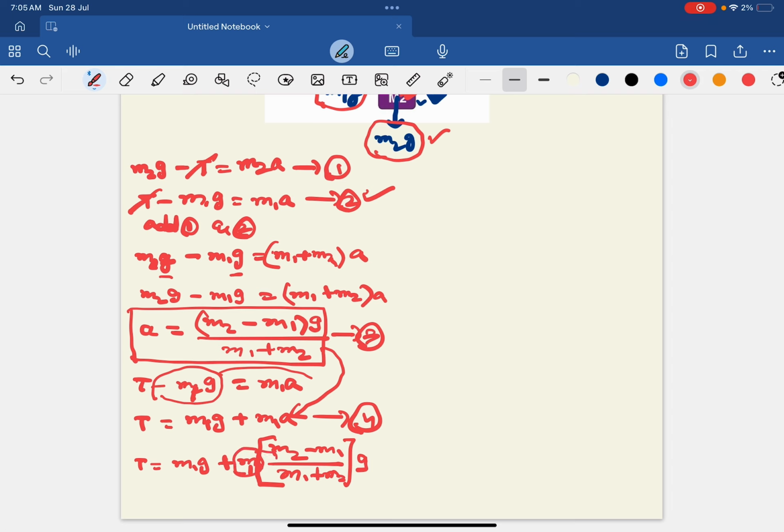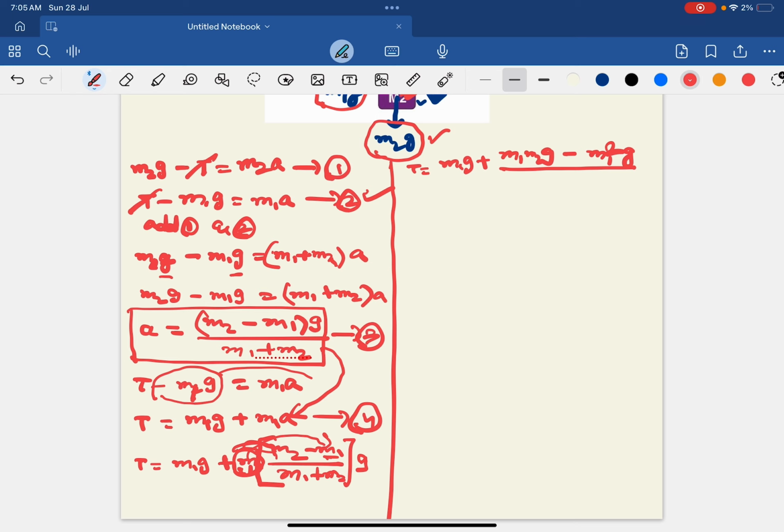Here m1 is multiplied with m2 and m1 is multiplied with m1. Let us see the next step. T is equal to m1g as it is, plus m1 multiplied with m2, that means m1 m2 into g, minus m1 multiplied with m1, that means m1 square into g, divided by m1 plus m2.